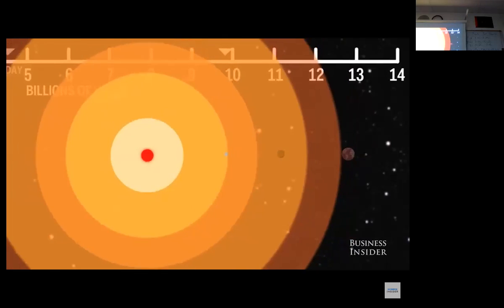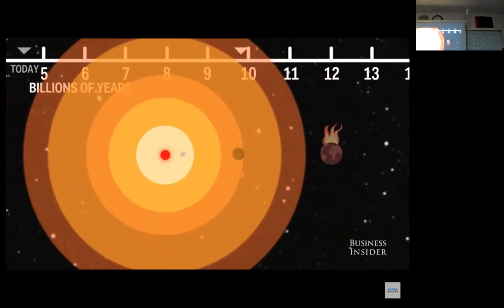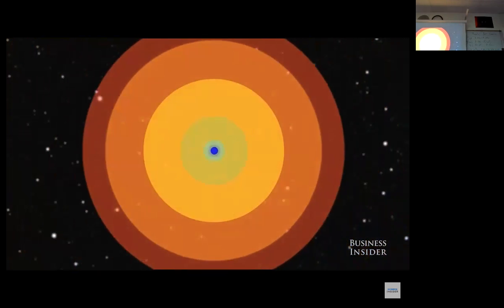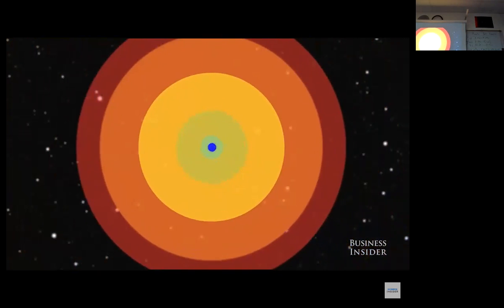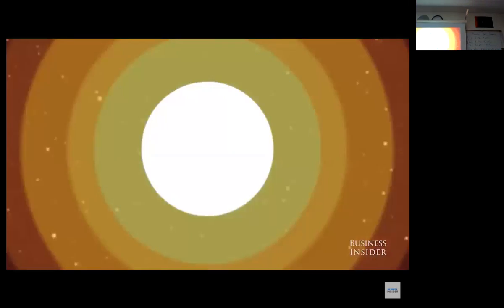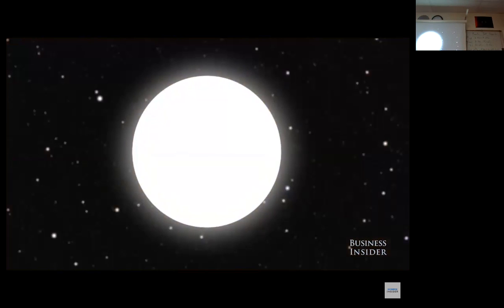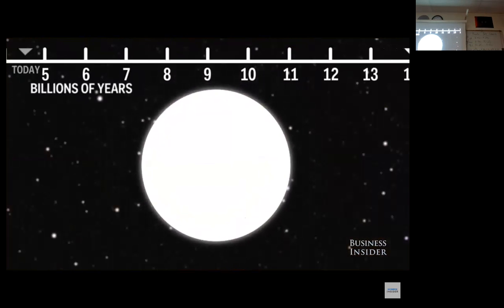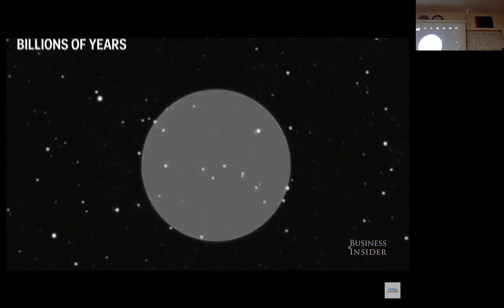Even if it doesn't grow as far as the Earth, high temperatures will completely burn our planet. Once the sun has emptied its fuel reserves, it will become unstable, and as a result, it will begin to pulse. Each pulse will remove more of the sun's mass until all that's left is a cool, dense core. This core is called a white dwarf. The sun will spend the rest of its days as a white dwarf, slowly cooling and dimming as time passes. By this point, Earth will be completely inhospitable.